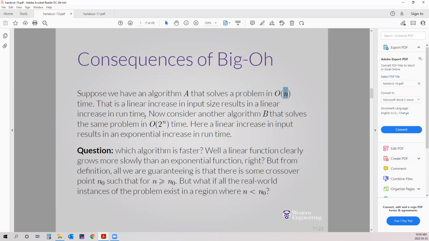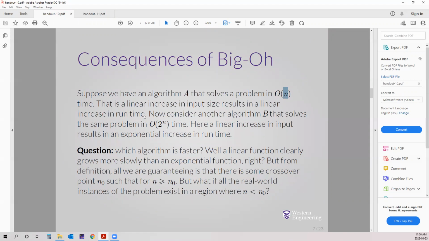Now consider another algorithm B that solves the same problem in a different way, which has big O of 2 to the power n. Here, a linear increase in input results in an exponential increase in running time. So we write the code in a way that is more complex and requires more steps. What does that mean?